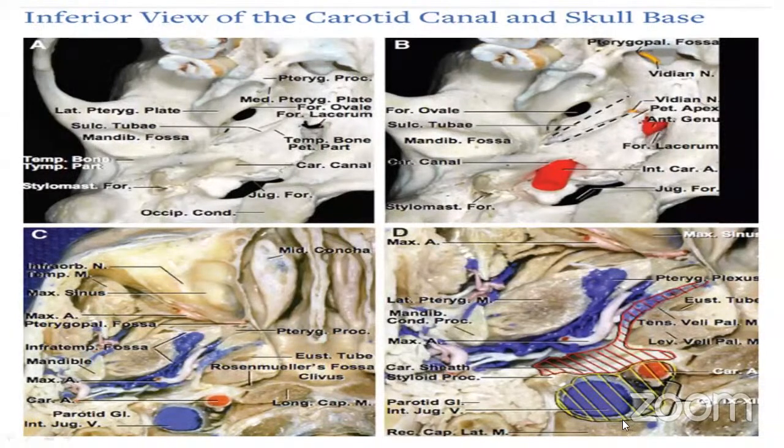Here we have the post-styloid segment, which contains the internal carotid artery. Its anterior border is formed by the anterior carotid sheath, and it contains the internal carotid artery, the internal jugular vein, and the cranial nerves 9 to 12.